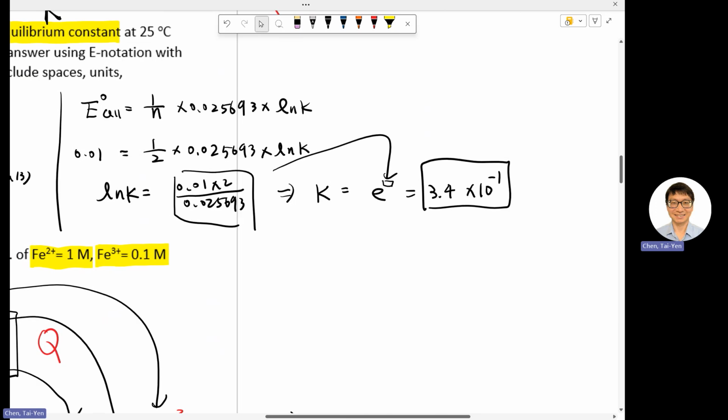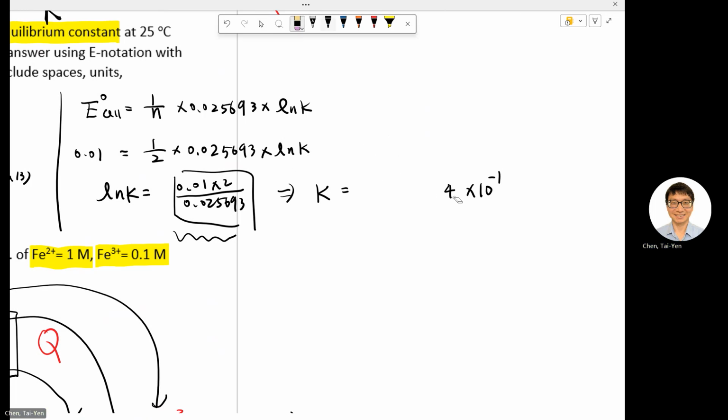Previously, if you compute these values, you are going to get natural log k equals 0.7788.